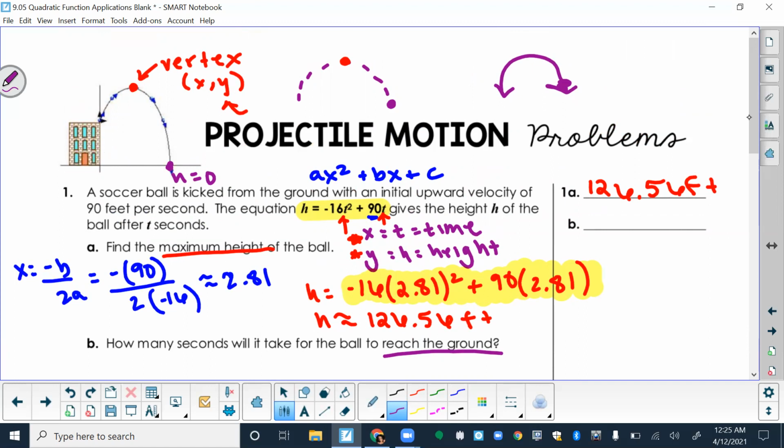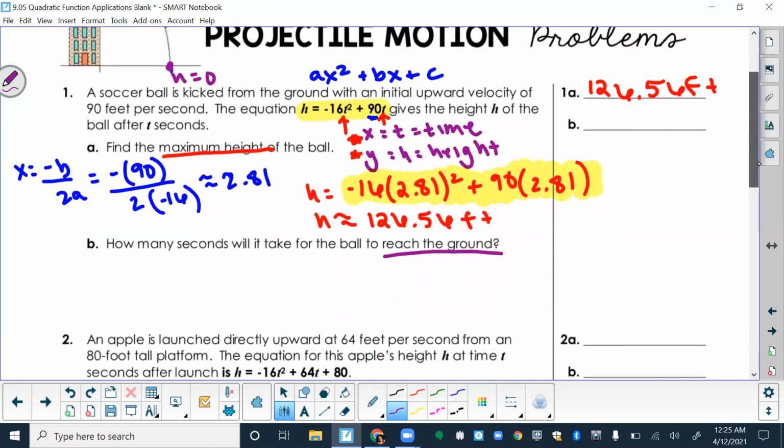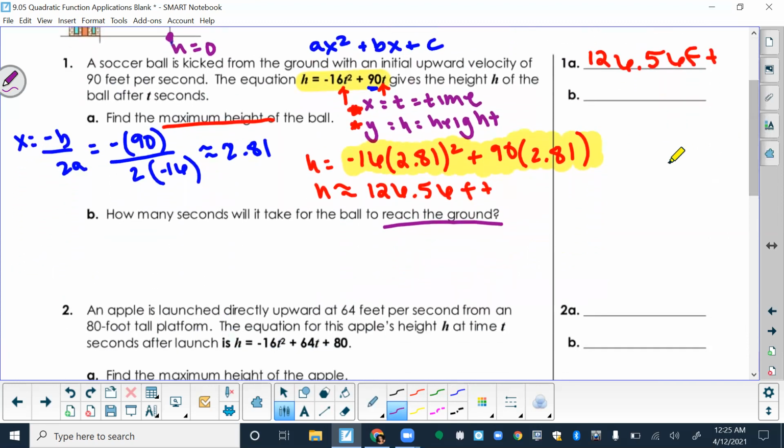So we're going to associate anytime it talks about reaching the ground with the y value, or in this case, the h value, because y is height. We're looking for when this is going to be equal to 0.